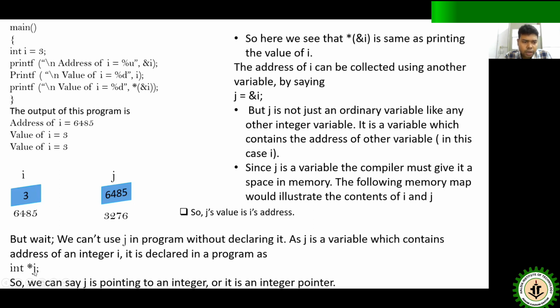So j is an address, and it is an address which is actually storing some integer. That is why int *j represents that j is a memory address storing an integer, and this j can be stored in any other memory location. So this asterisk is basically called the value at address.